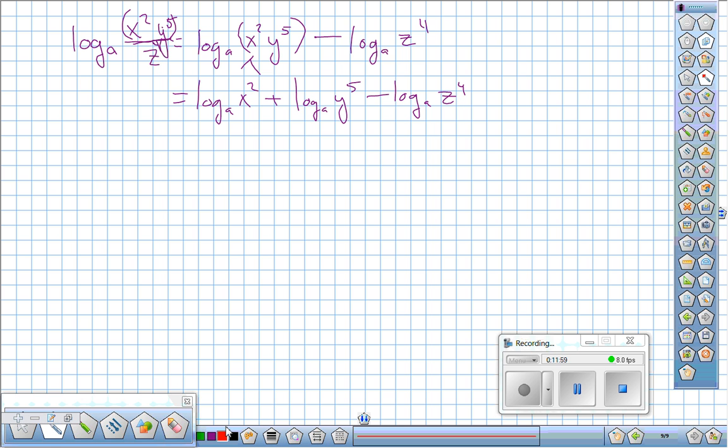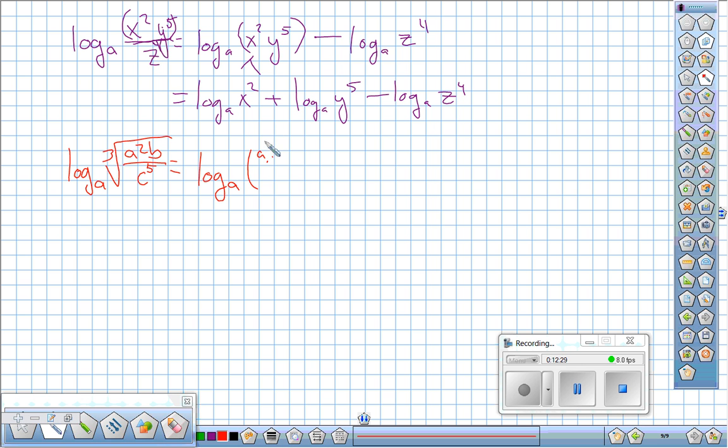Let's do some where we're going to have to actually bring that exponent out front as well. So I have log base a of the cubed root of a squared b over c to the fifth. I don't like having a cubed root because I really can't see that as an exponent, so I rewrite everything that's inside.